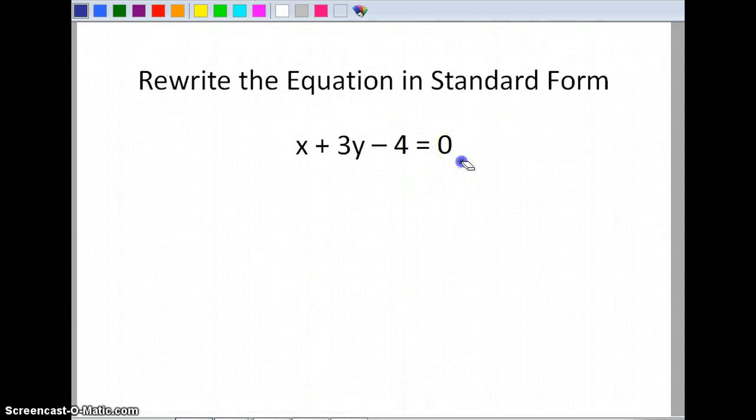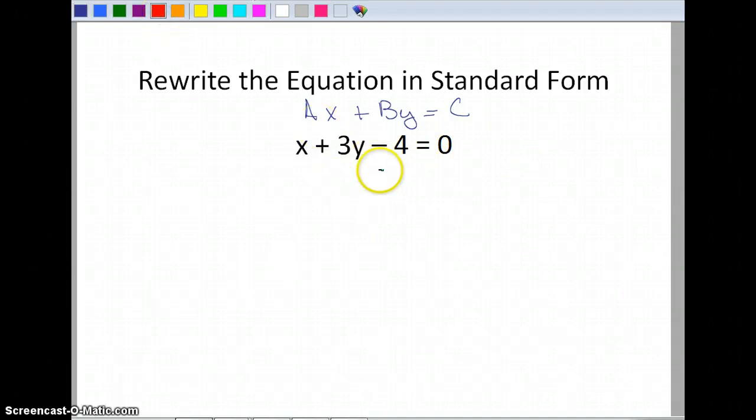Okay, so let's look at this one. Rewrite the equation in standard form. I have x plus 3y minus 4 equals 0. So I'm going to look and I'm going to say, okay, I want it in ax plus by is equal to c. Remember, c is our regular number, and the technical term for that would be constant. So I just need to change the order of this one.